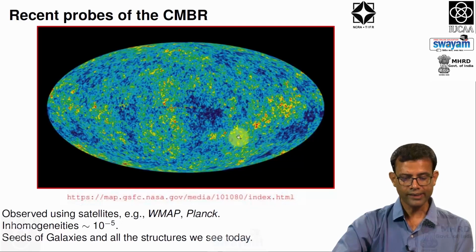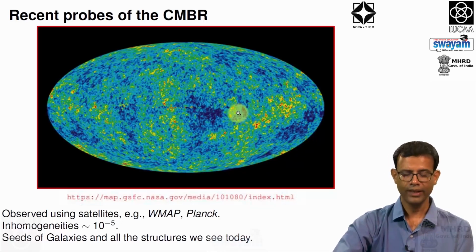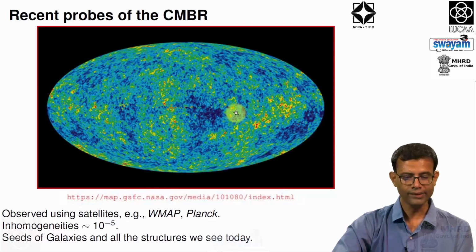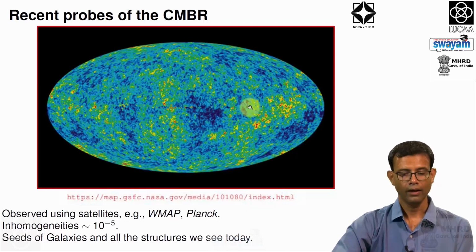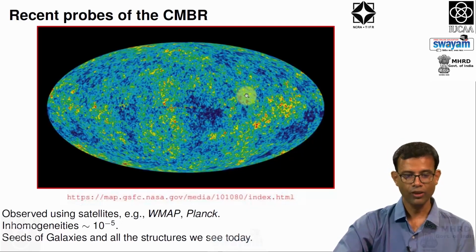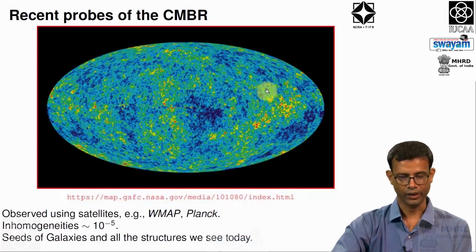This is something we would like to understand in more detail. What do these inhomogeneities in the CMBR imply? What can we learn about the cosmological model, about our universe? This will take some time, so we will take it up in more detail in our next lecture.